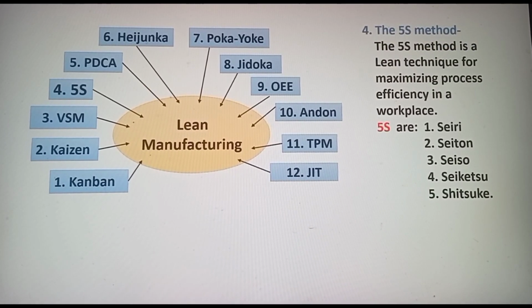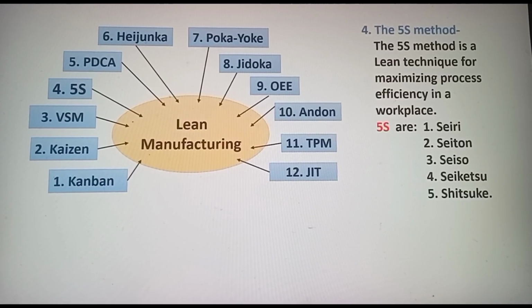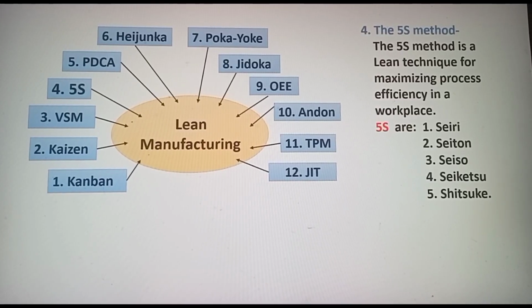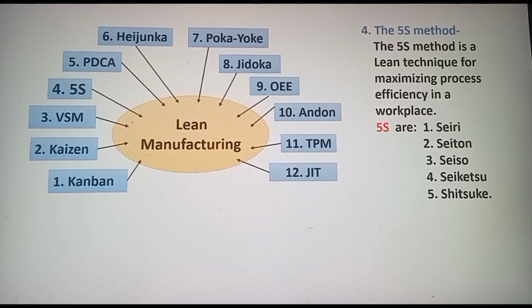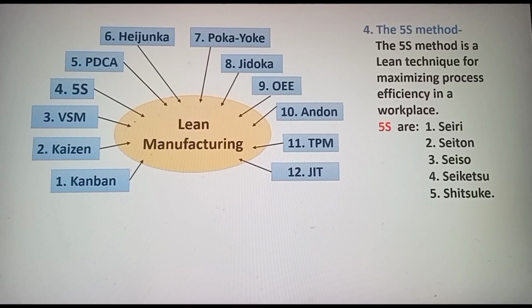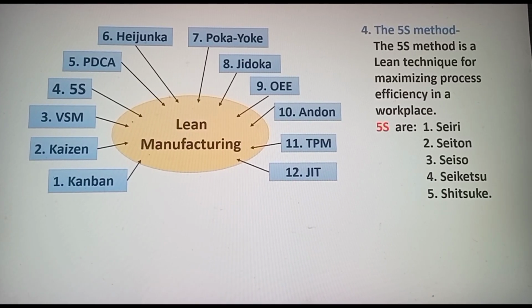Fourth, the 5S method. The 5S method is a lean technique for maximizing process efficiency in the workplace. The lean tool 5S includes 5 Japanese terms that all start with S. First, Seiri means sorting out.